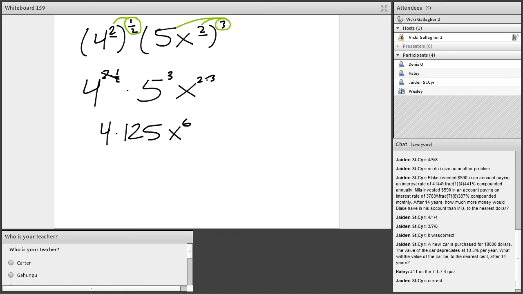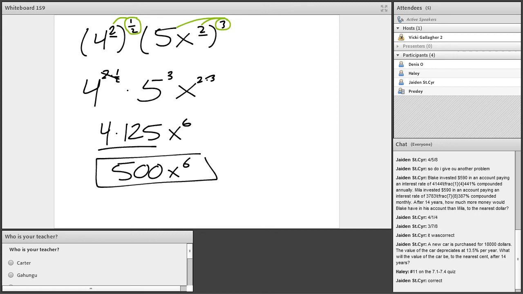Now, when you're all done with the problem, there should only be one of each letter, and you should have done as much math as possible with your big numbers. So I really should keep going with this. I should multiply 125 times 4, and 125 times 4 is 500. And so this would be my final answer.